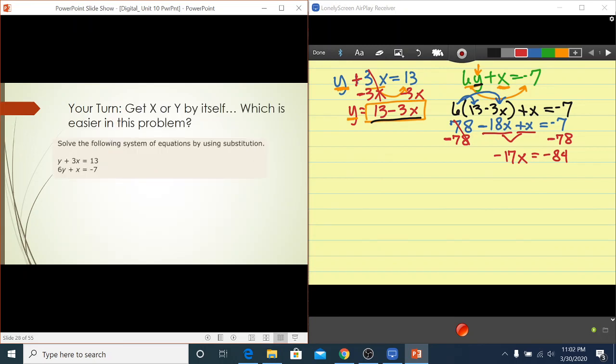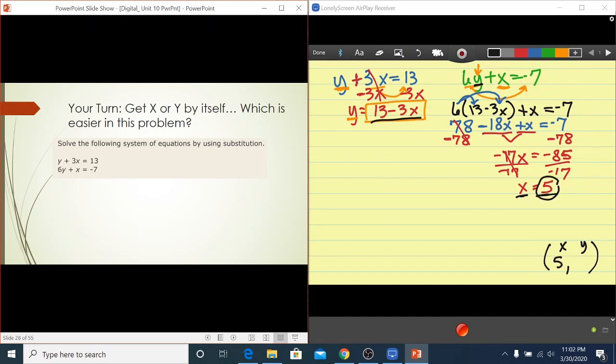Sorry, negative 85. So when I divide this by negative 17, we're going to get 5, I believe. Yep, okay, so 5. x is worth 5.